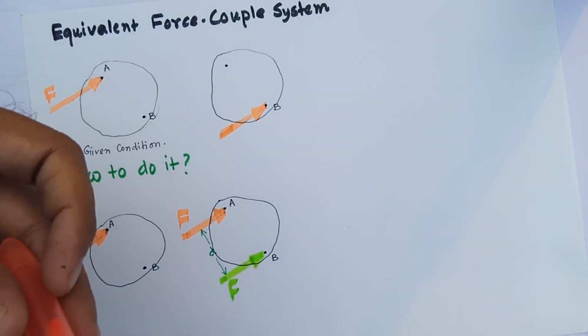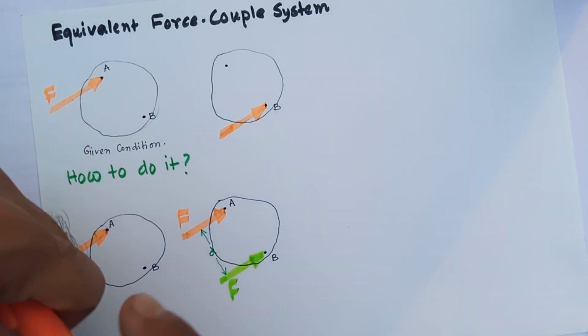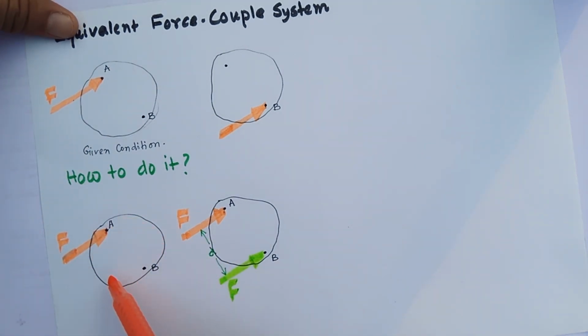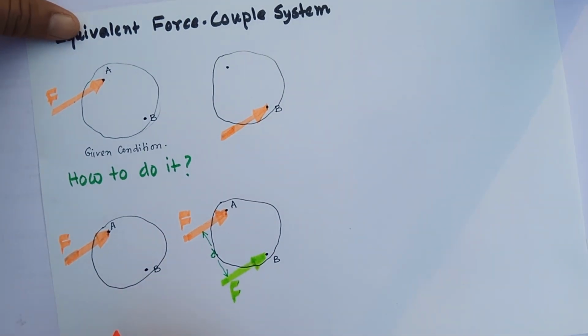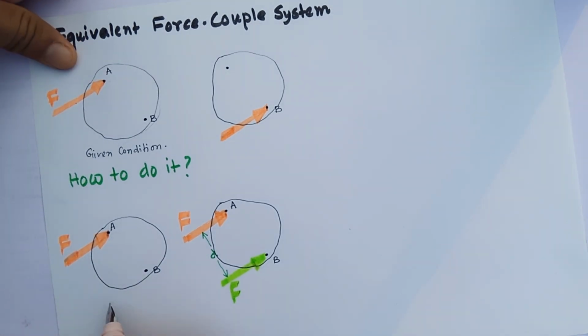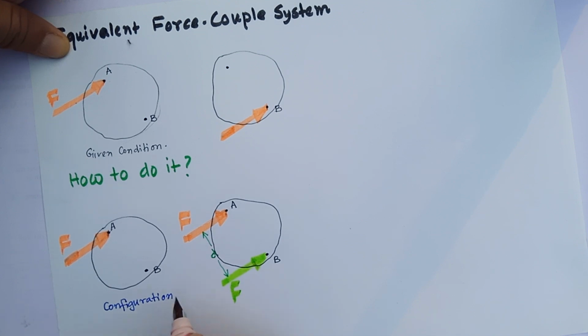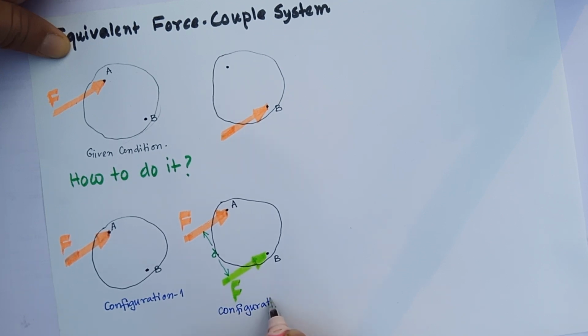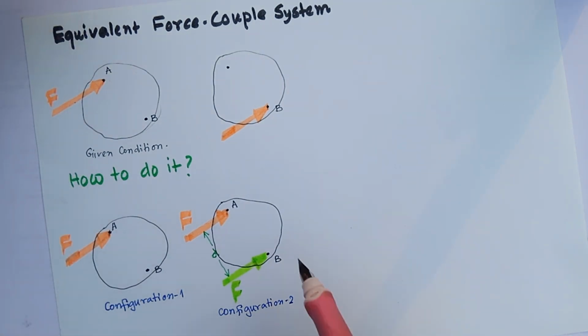So next, what adjustment do I need to do? You see that this situation, say configuration 1 and configuration 2, are not yet equivalent. Their effects are different. Here there is only one force, here there are two forces.